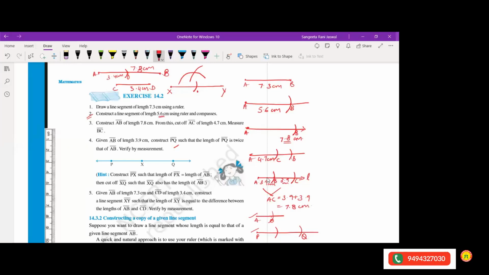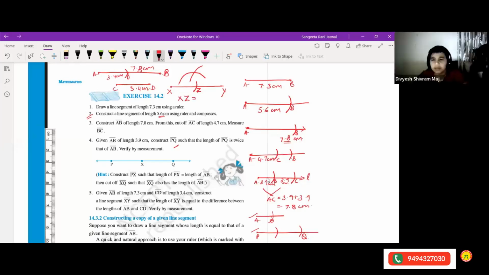So now you will observe this X and this point in the middle. Let this point be Z, so XZ. You will see that this XZ, just measure this with your scale. What is the measurement of XZ? Ma'am, it's 3.9.